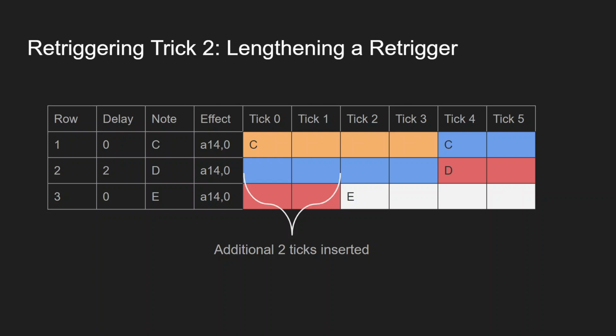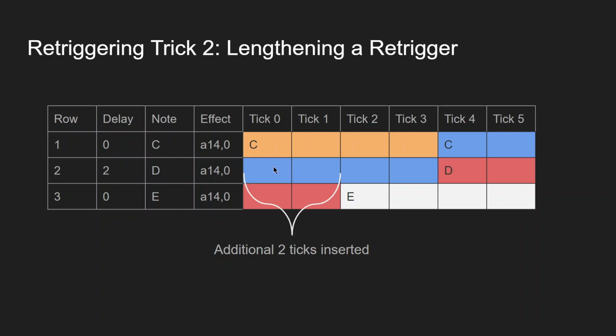So here we've got C being played for 4, and then C being played again, and we're still retriggering every 4 ticks, but because this row is delayed by 2, it means that we shift the beginning of all the computations that happen on this row by 2 ticks.